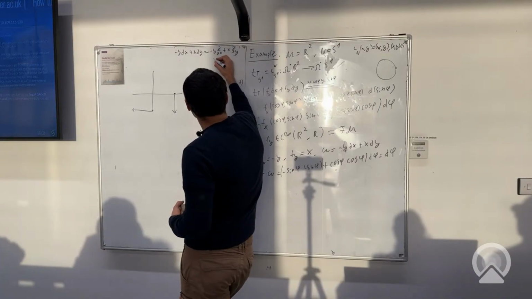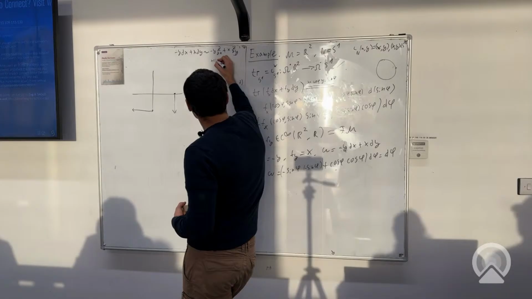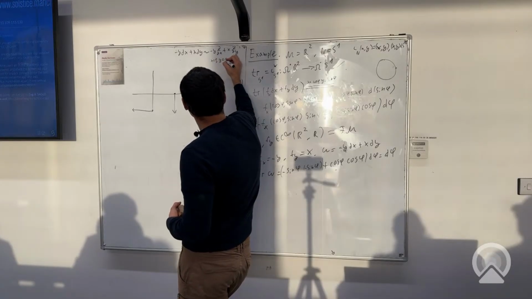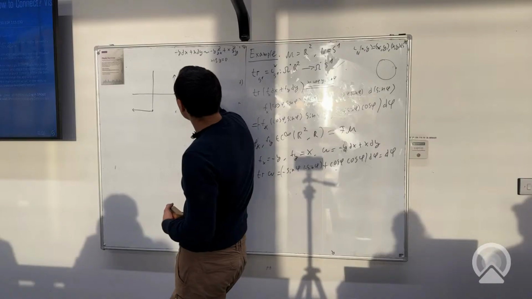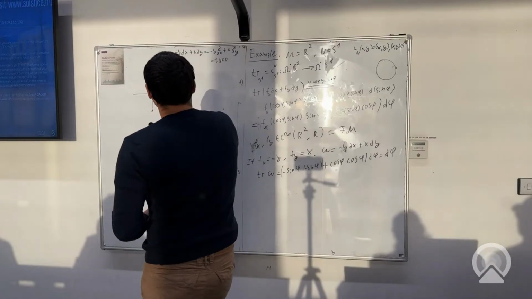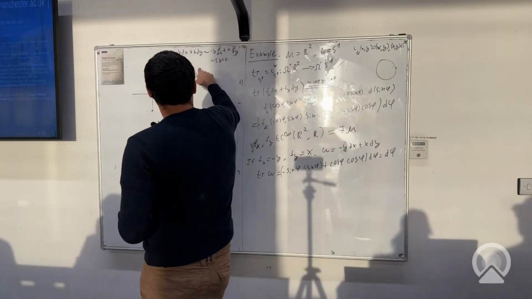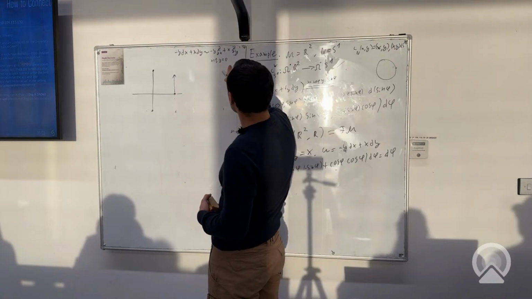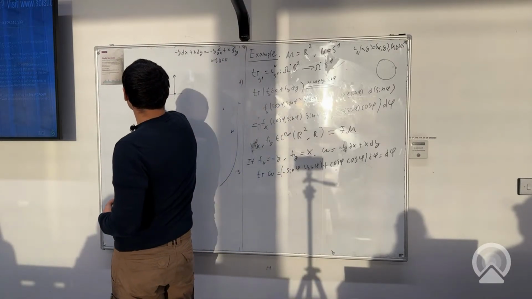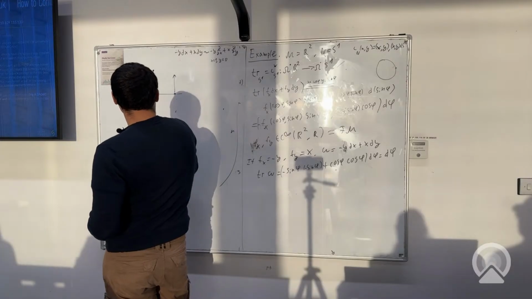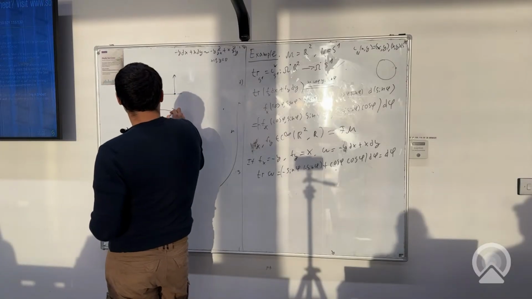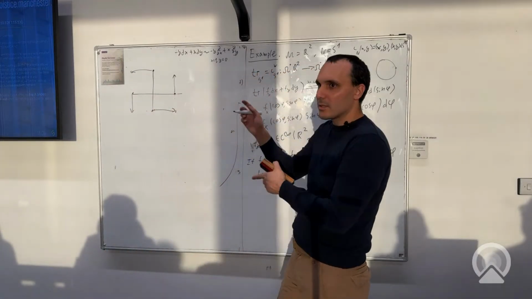So x equals 1, y equals 0. So this should be here. Yes. And if I go here, this is x equals 0, y equals minus 1. If I'm here, I will go there. And if I'm here, I will go there. And so we get some kind of circular motion.